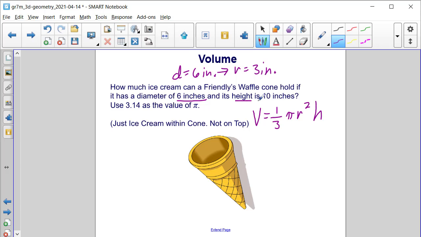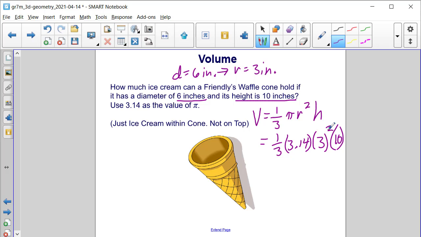And we know that the height is 10 inches. So we can substitute these values into the formula to get 1/3, and instead of writing pi out, we can write 3.14, and our radius we found was 3 squared, and the height is 10.